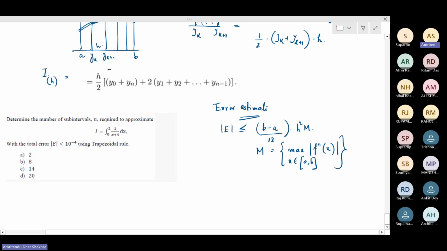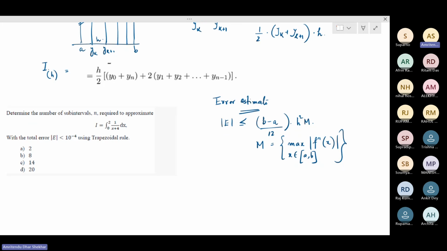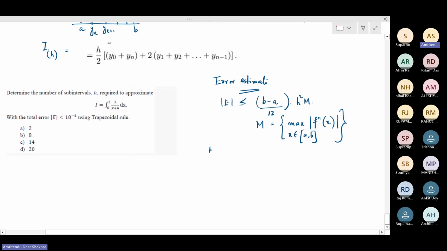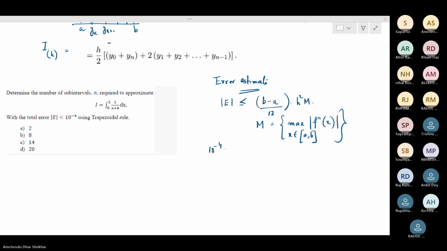So we're going to use this formula to determine the error term over here. The error term is 10 to the power minus 4. For M, if you write f double dash x, it is equal to 2 by (x plus 4) cube, so that you get M to be equal to 1 by 32.